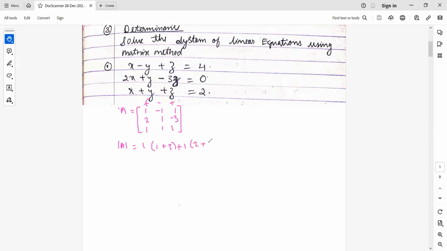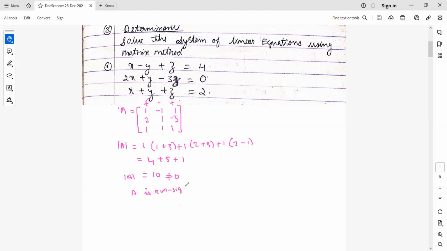Then plus 1 into 2 into 1 is 2, and 1 into 1 is again minus 1. On simplifying, 1 plus 3 is 4, 1 into 4 is 4, so 4 plus 5 and plus 1. This will be equal to 10, and the determinant 10 is not equal to 0. So A is a non-singular matrix.